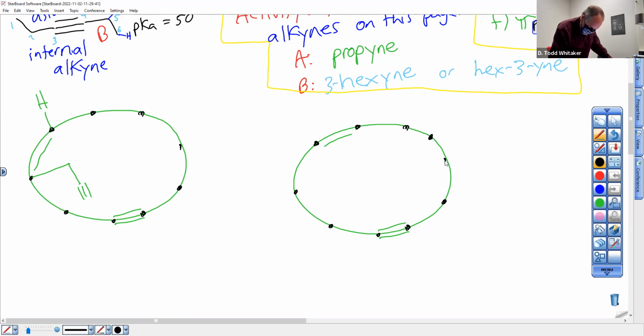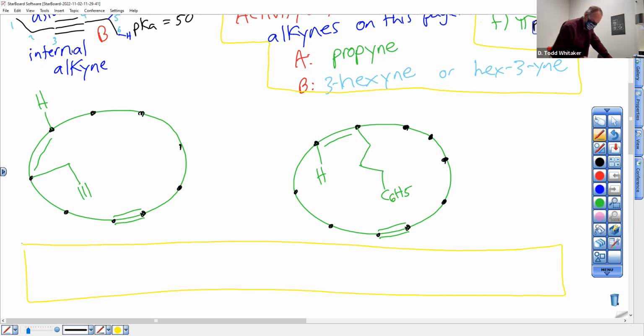So we don't have the same ring both times. There you go. So just in the box will be the activity 3 names. Nomenclature for C and D.